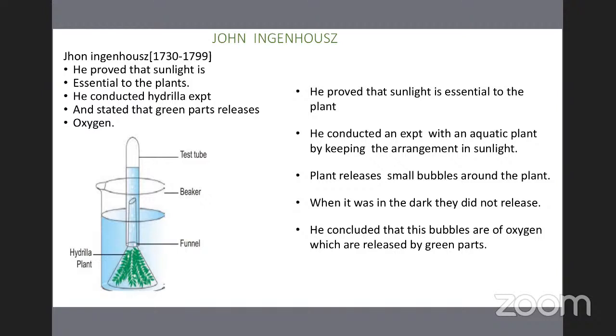Out of the 4, one of the factors is sunlight, which is essential to perform photosynthesis. And this fact was proved by John Ingenhousz. He belongs to the period 1730 to 1799.